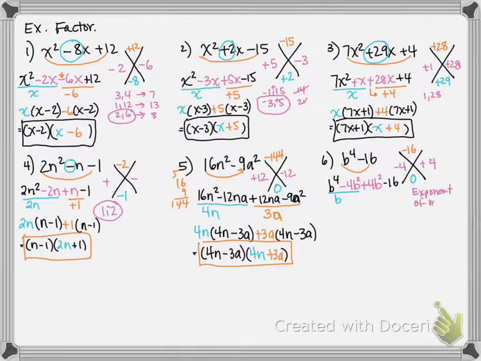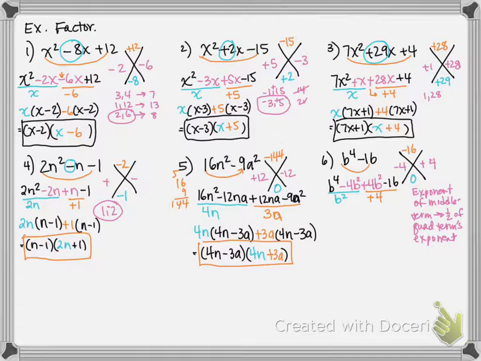Exponent of middle terms is half of the quad terms exponent. Okay, so we're going to actually factor out a b squared. And then on the second grouping, let's see, we're going to take out a positive 4.